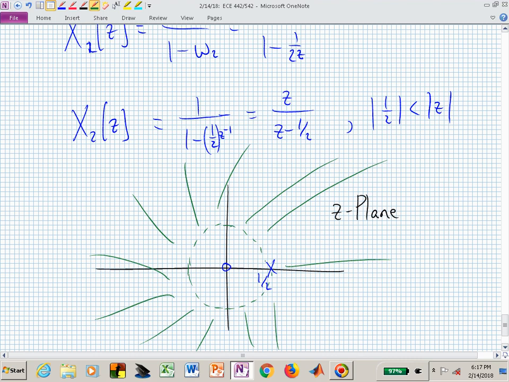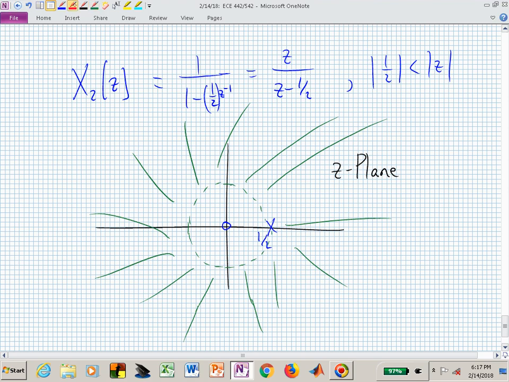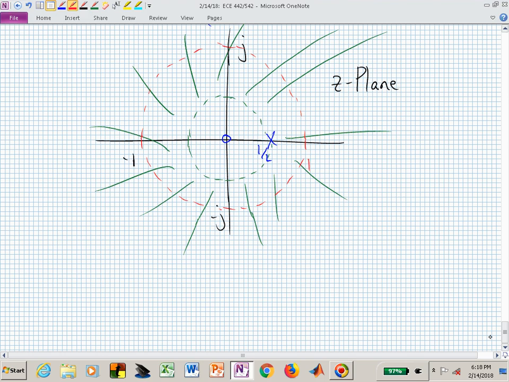We only have one pole, and it's not in the region of convergence. Where's our unit circle? That's supposed to be a unit circle.